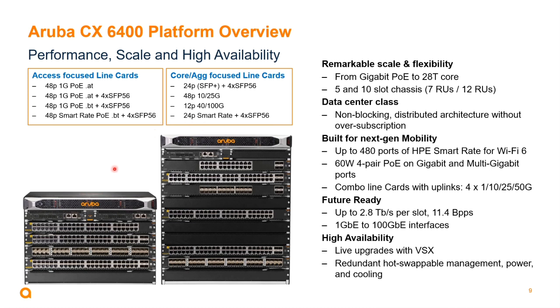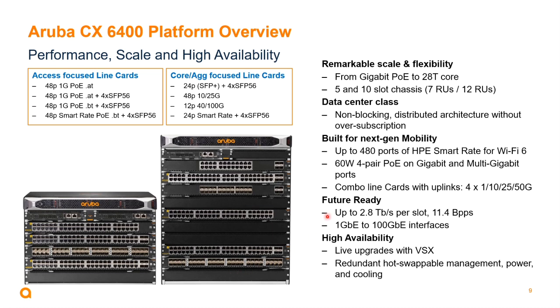Just to be clear, there is no restriction in putting these cards in either of the 2 chassis. Remember, we can go from a gigabit port in the access, all the way to providing 28 terabytes in the core. The 5-slot chassis is 7 rack units, and the 10-slot chassis is 12 rack units.